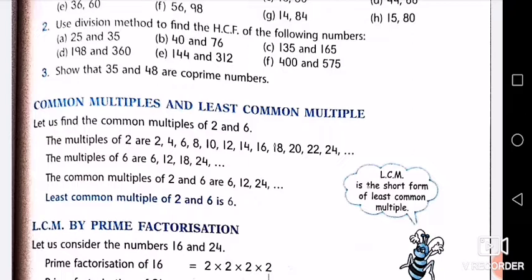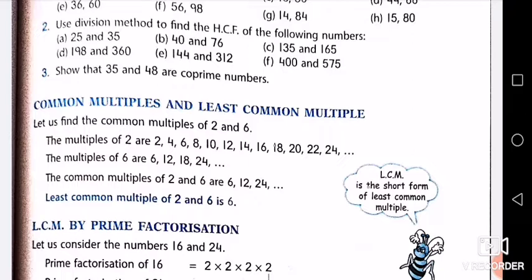Now question number 3. Show that 35 and 48 are co-prime numbers. Co-prime numbers, tomorrow we will understand what co-prime numbers are, and along with that we will do an introduction of least common multiple and common multiples also.